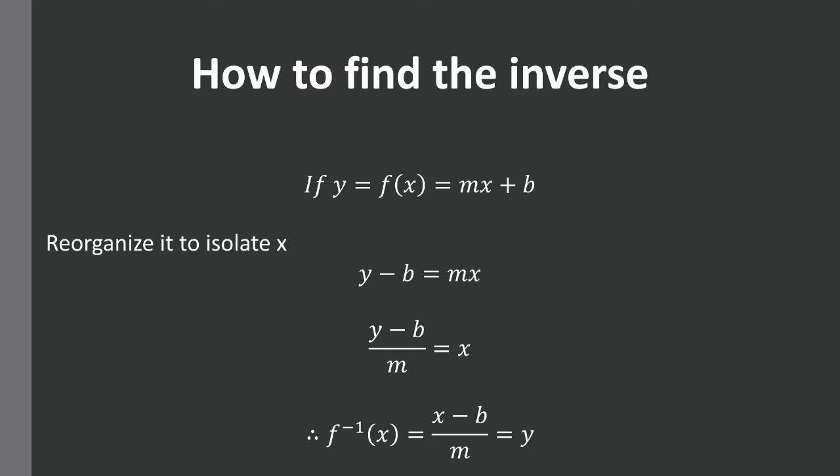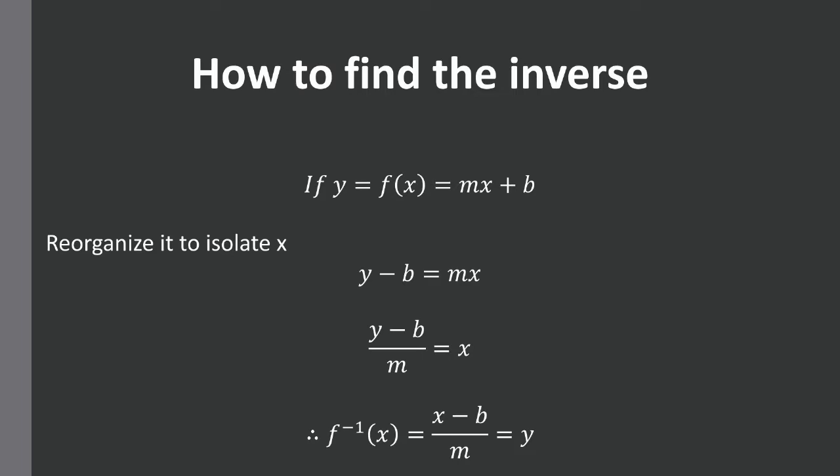Let's start peeling this. Undo the plus b first, so it becomes y minus b equals mx. Then you undo the multiply by m, so that y minus b divided by m is x. At the end, if you really want to swap the x and y, now you can do it. But the idea is that you want to reorganize and isolate the original input.